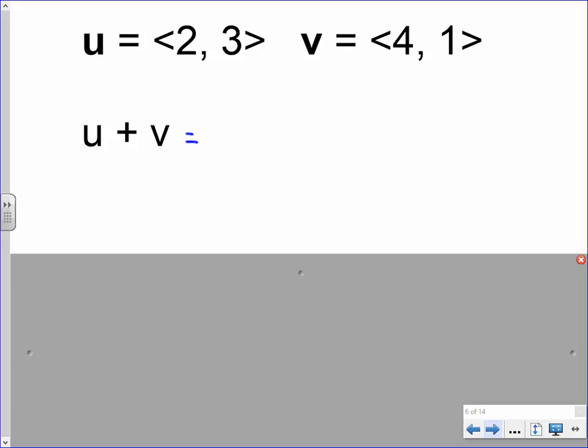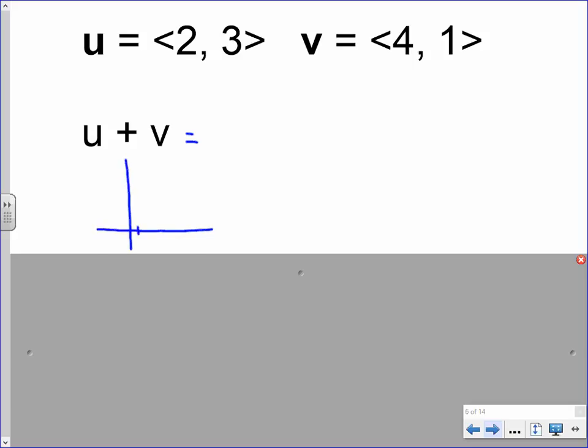If I wanted the vector u plus v, Kelsey, what would you tell me? What do you think we should do to add these together? Draw the picture? Okay.